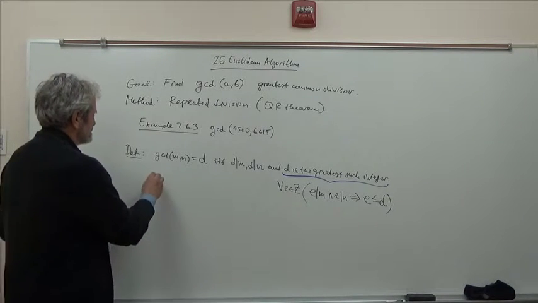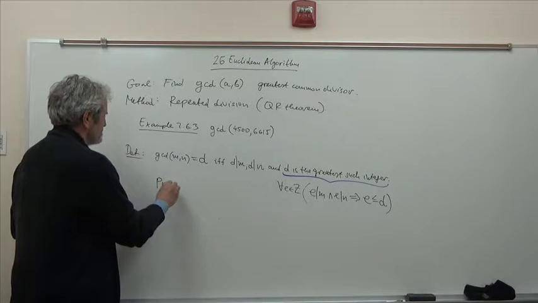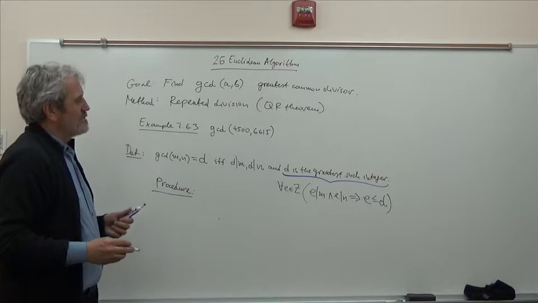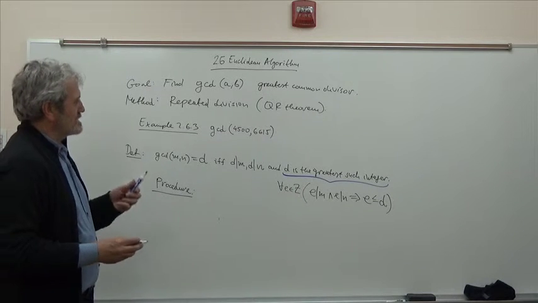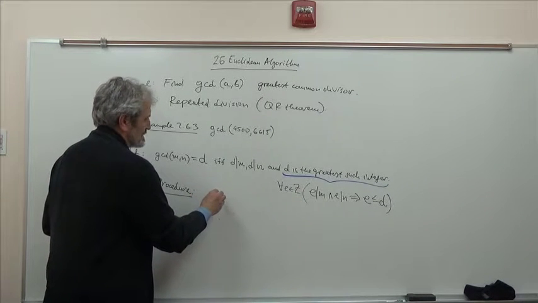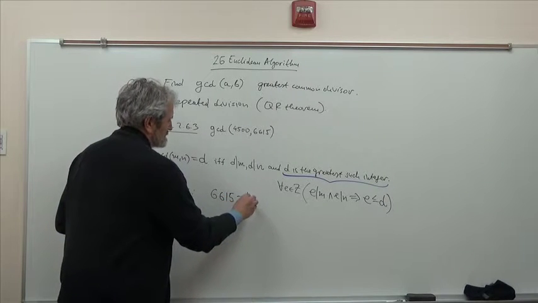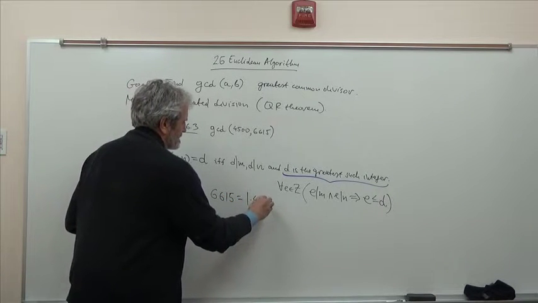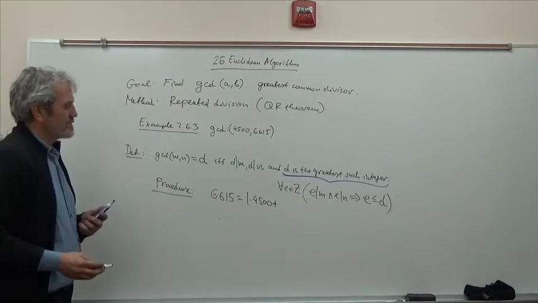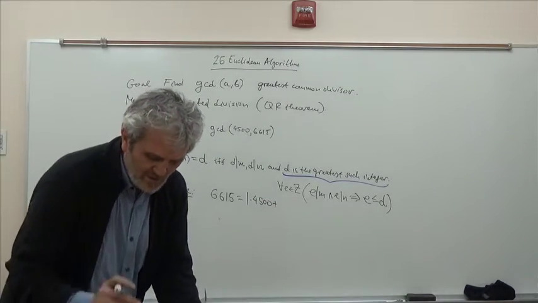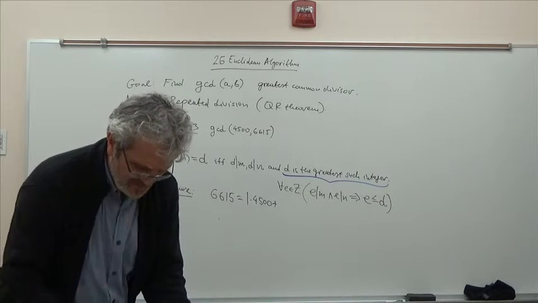So here's the procedure. You divide the greater among them by the smaller one. So using quotient remainder theorem, 6615 equals 1 times 4,500. You can use a calculator for that. You divide, you get 1 point something, so you know the quotient is 1, then you subtract it.